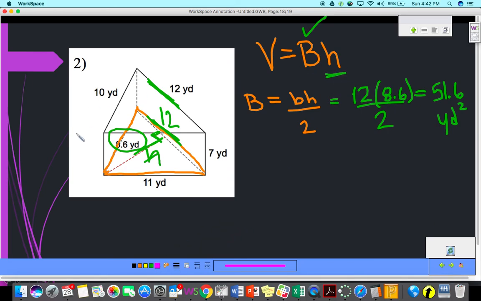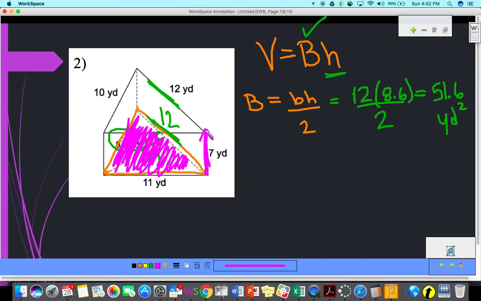So I need to go back to my shape here and ask myself, okay, looking at that triangle, along which other side would I have to stretch this to make it three-dimensional? Well, the 10 is an element of the triangle. It's a side of the triangle. That's not going to work. So if I color in my triangle here, I need to ask myself, which side would I stretch it along? And the answer to that is that 7.